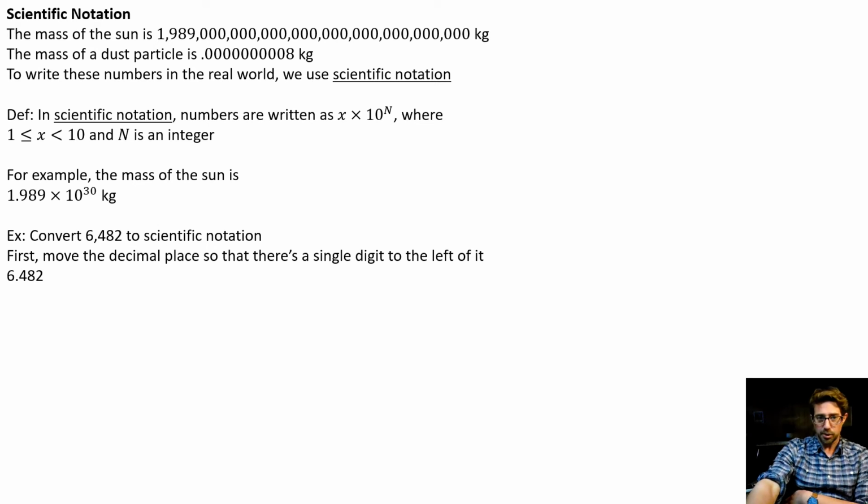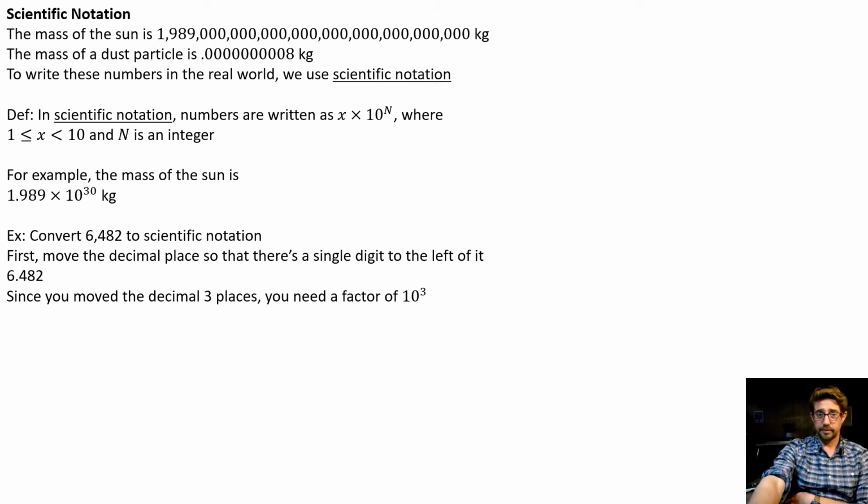All right, so we can't just write 6.482 because that's not the same number. But if we did 6.482 times 1,000, that would be it. And 1,000 is 10 to the third. Right? That's the same thing. So multiplying by 10 to the third is exactly the same thing as moving that decimal place over 3 times.